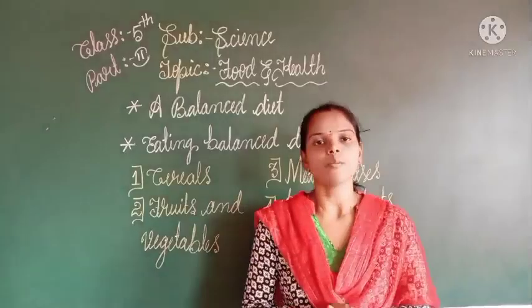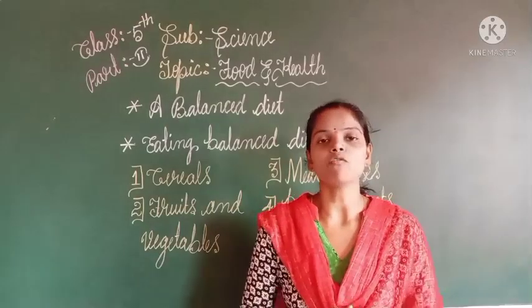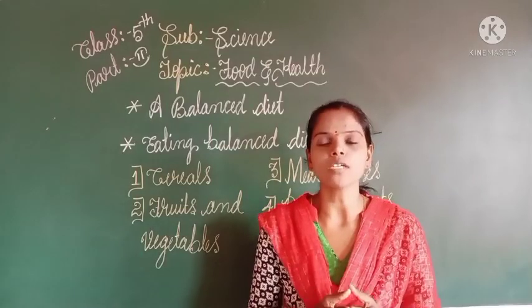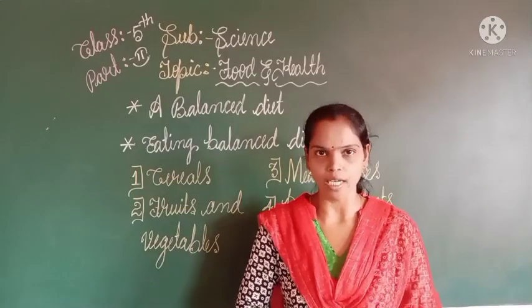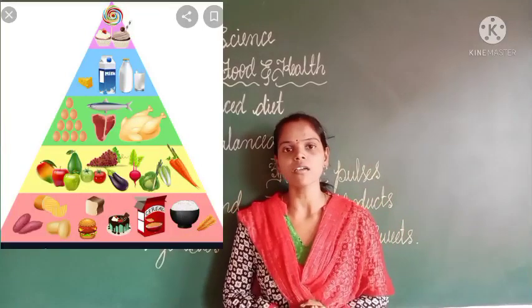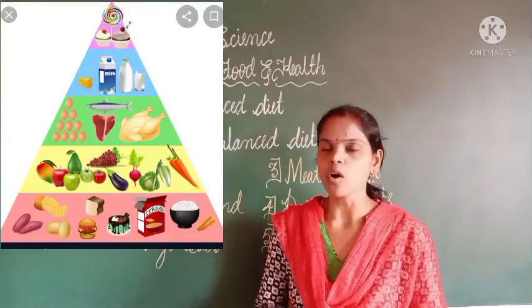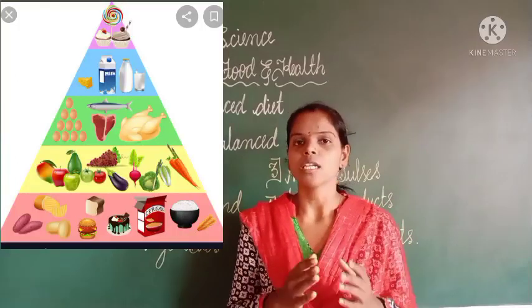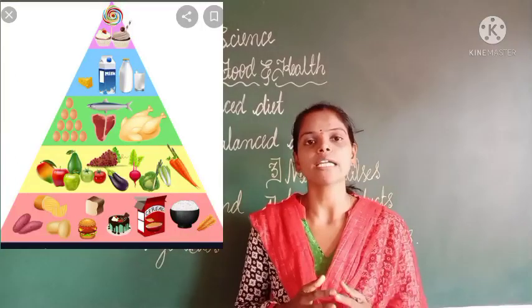Here our balanced diet informs us of the quantity of nutrients which we have to take. Here there is a food pyramid. Observe the picture here. According to the food pyramid, we can see what nutrient-content food the human body has to take.